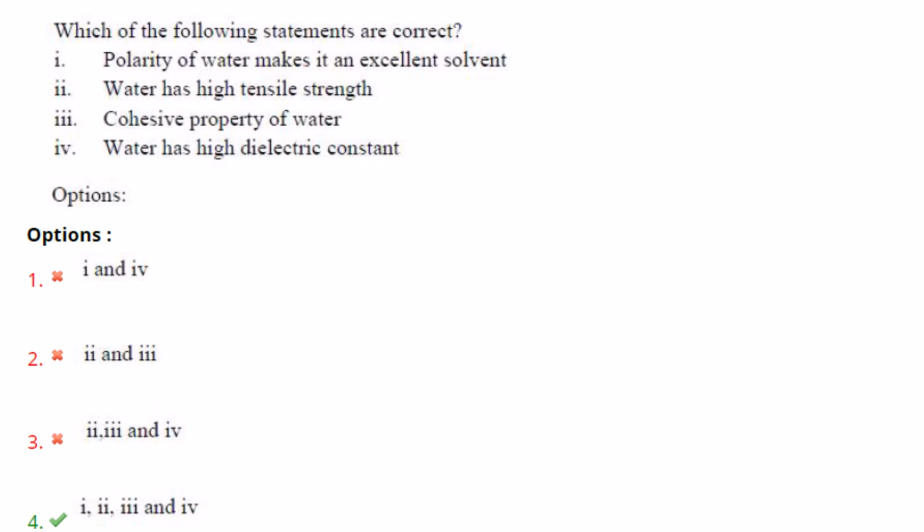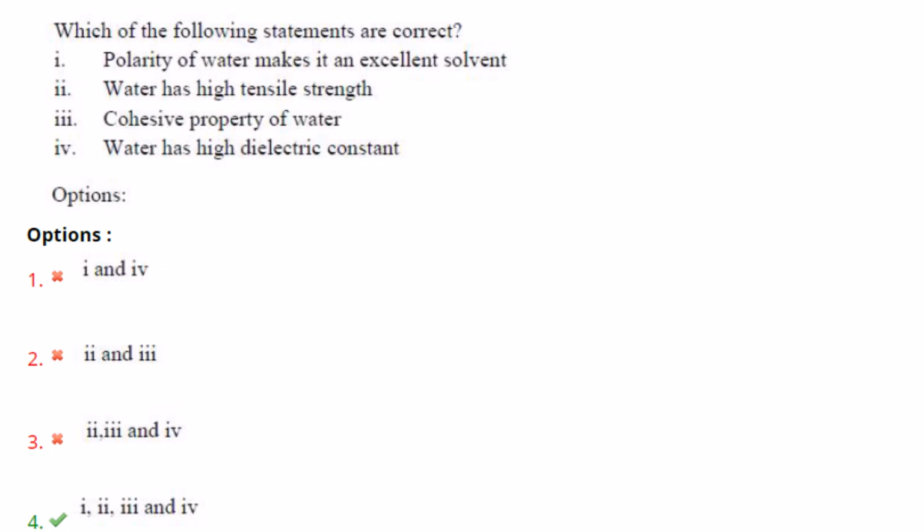So coming to the first question, which of the following statements are correct? Polarity of water molecule makes it an excellent solvent. That is correct. Water is having polarity, meaning that water has hydrogen and oxygen atoms.